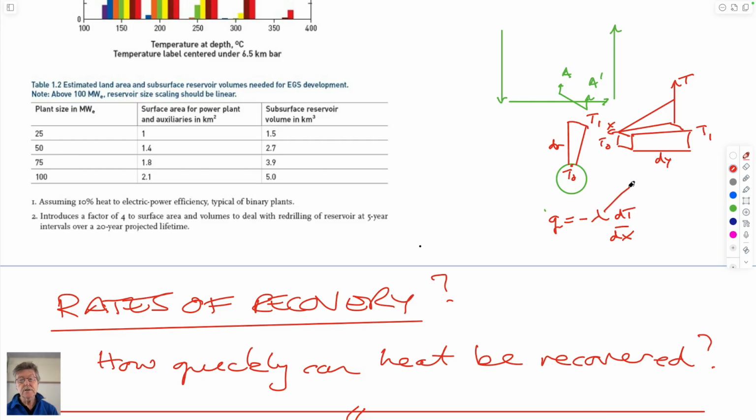And so if this conductivity is a very small number, which it is, we think for rock it's 1 to 3 watts per meter degrees centigrade, we can calculate the amount of heat flow we'd get into this.